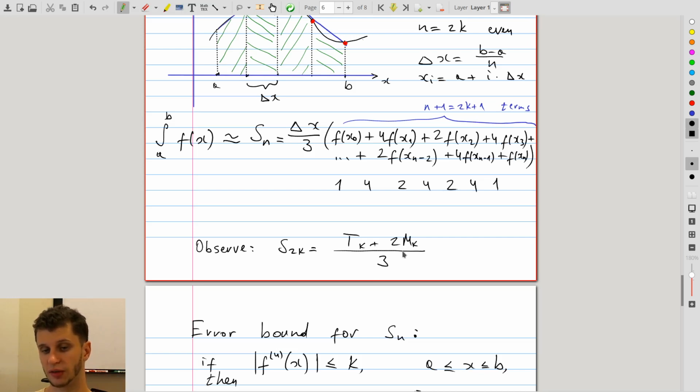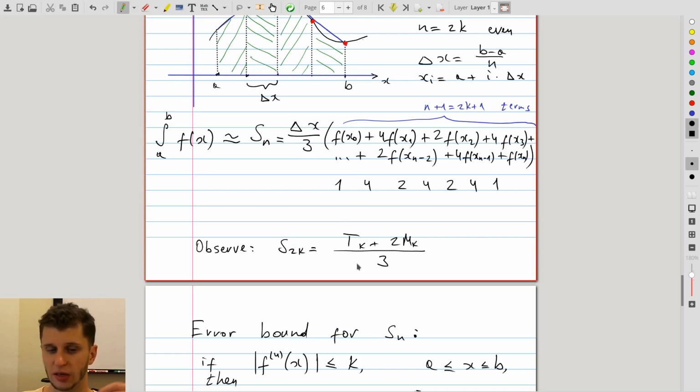When you look at the midpoint sum for k, you evaluate f at the midpoints of these k intervals, and the midpoints of k subintervals end up being precisely the endpoints of the 2k subintervals, because when you go from k subintervals to 2k, you're just subdividing every subinterval into 2. So this is the relation between the Simpson sum and the trapezoidal and midpoint sums.